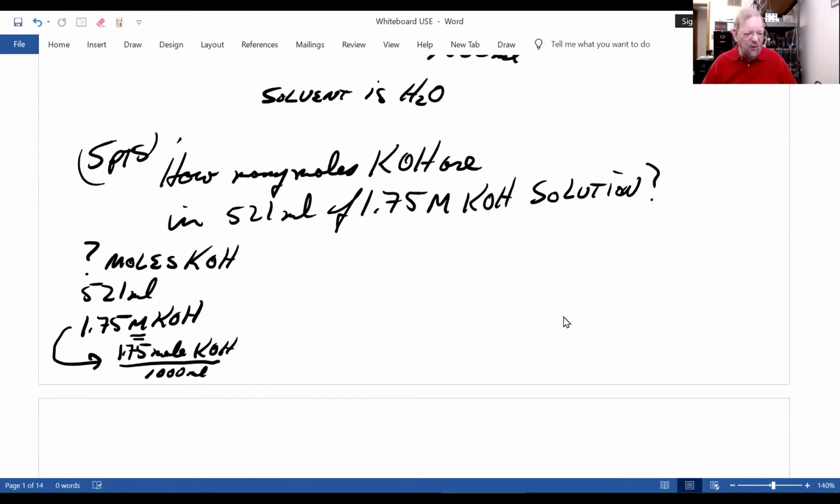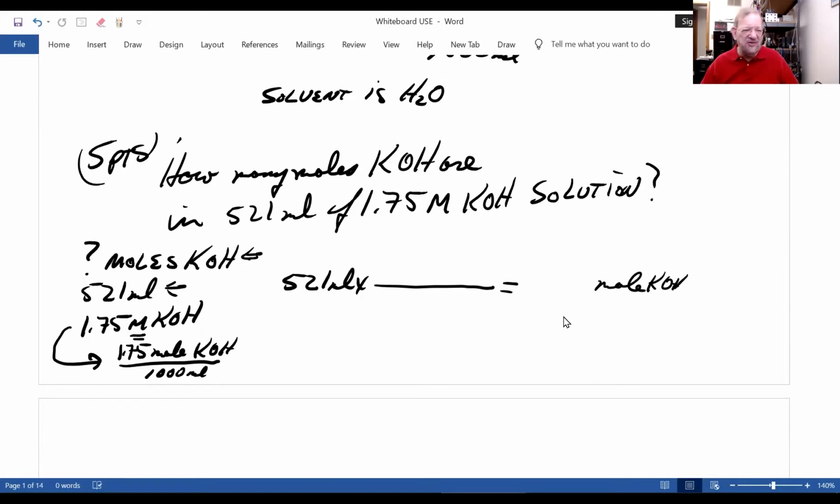Now, the one thing I really have for sure is this. So I'm going to start out with 521 milliliters. And if I had some sort of conversion ratio, what units do I want my answer in? Well, we figured that out at the beginning. That's moles of KOH. So what do I use? My good buddy, my good friend, unit analysis.